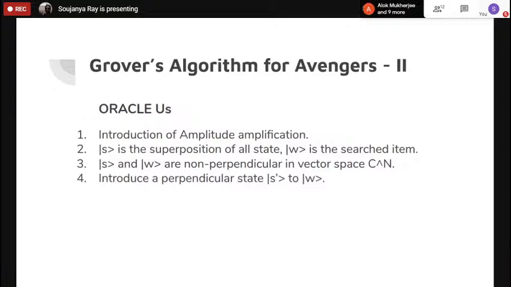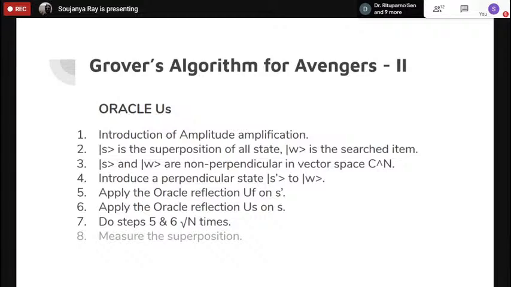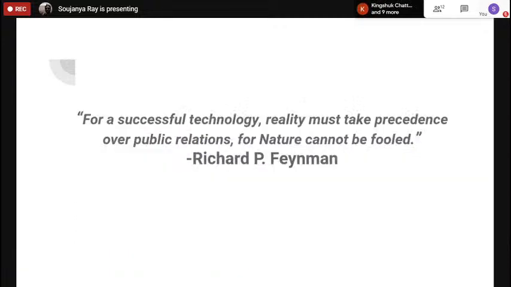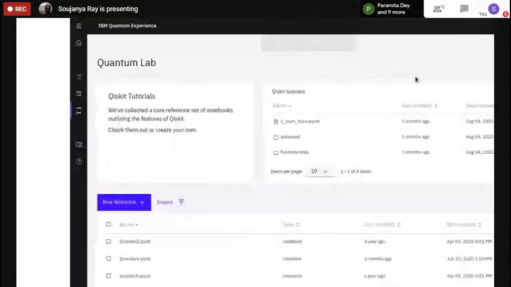We introduced a perpendicular state S dash to W, and we apply the Oracle reflection UF on S dash, and apply the Oracle reflection of US on S, and then do steps 5 and 6 root n times, and finally we measure the superposition. This is the entire rundown of Grover's algorithm. So, okay, now let's see this in action.